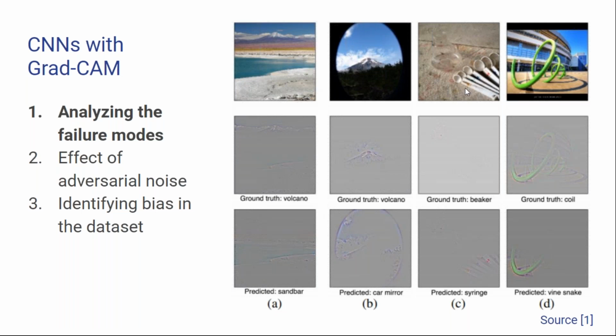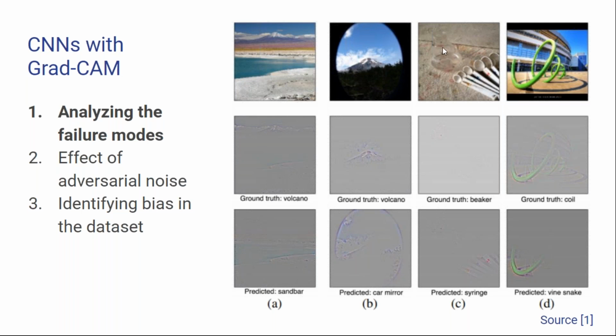What problem there is in this image data set is that there are a lot of ambiguities, whether to call this image a volcano or these two images a sandbar. It can be both. Whether to call this image, a volcano seen inside a car mirror, a car mirror or a volcano, we don't know.